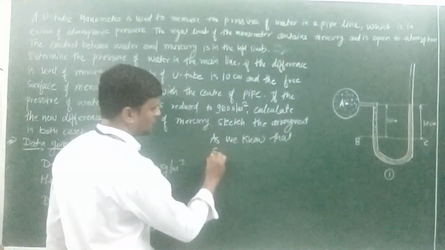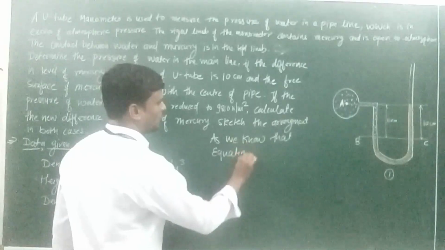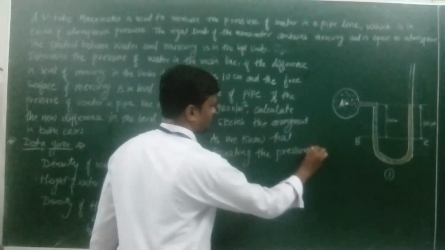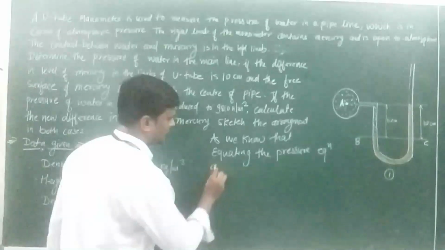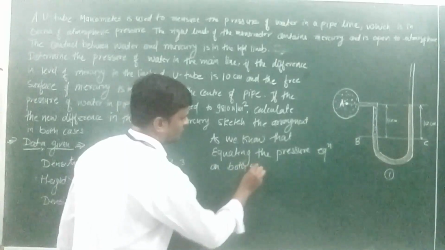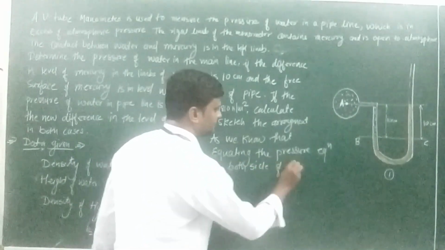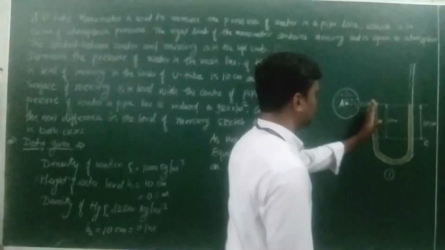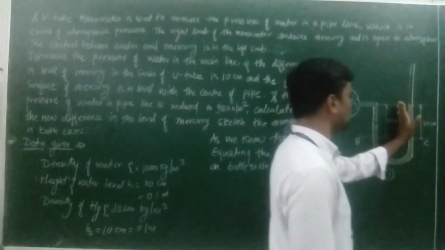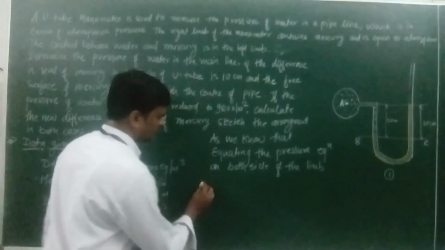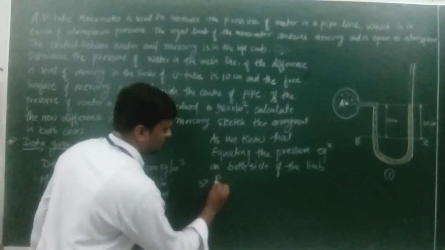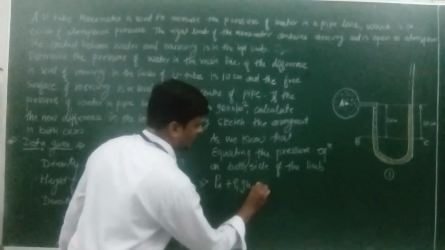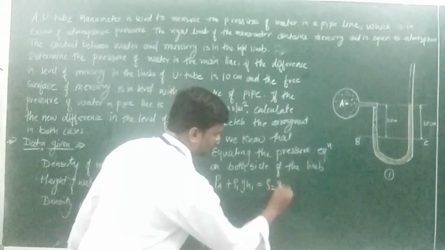Therefore, equating the pressure on the left side of the limb and the pressure on the right side of the limb, the equation will be: pressure at A plus ρ1 g H1 equals ρ2 g H2.